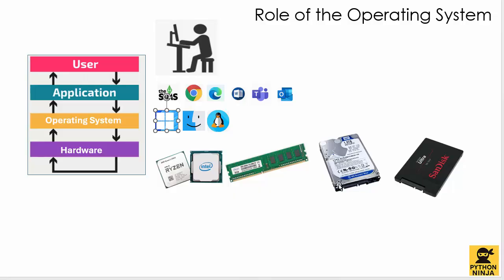And if you think about it, say we were browsing the internet, if the application had to know and be able to cope with the different kinds of CPU that you can use, or whether you've got 4 gigabytes of RAM or 8 gigabytes of RAM, or is it DDR3 RAM or DDR4 RAM, or are you using a solid state hard drive, or a hard disk drive?